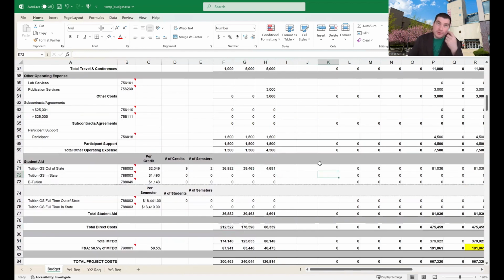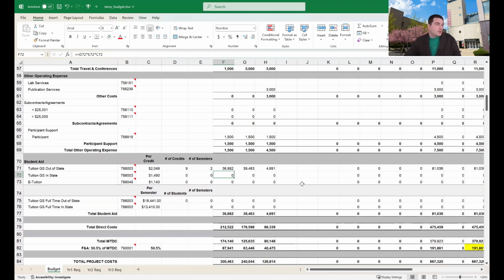But yeah, typically what you do is you budget for the worst case because you need to be able to support the student. A lot of times the students that you're bringing on are from out of state, especially for New Jersey, right? New Jersey is a relatively small state, doesn't have a massive population.